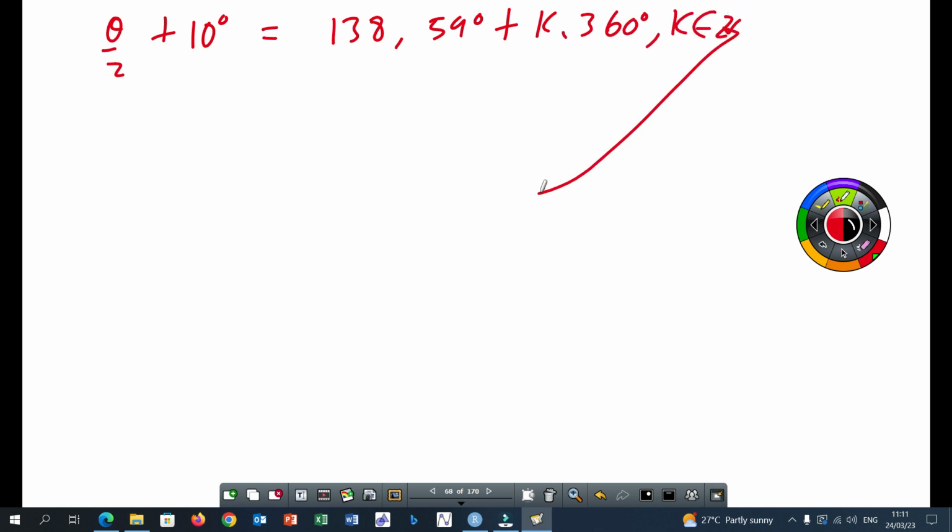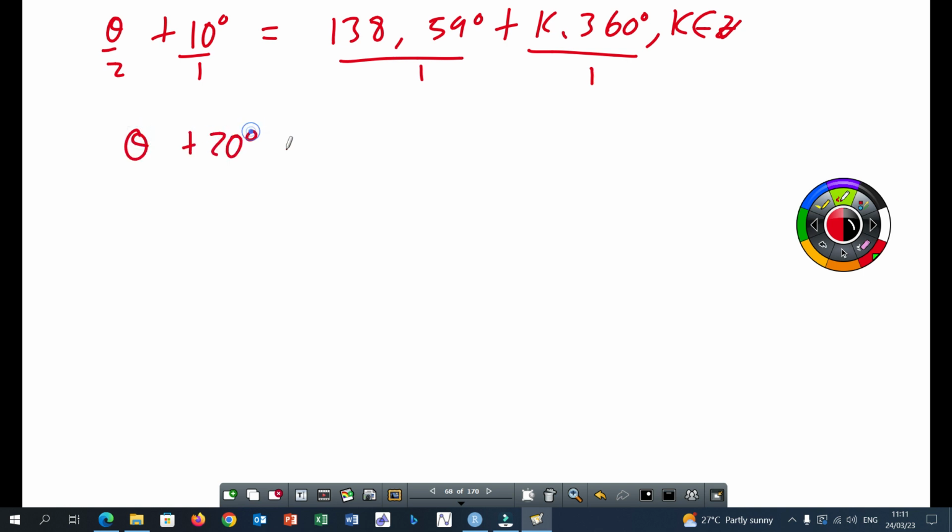Then we multiply both sides by 2, since there is a 2 in the denominator on the left, and the other terms have a denominator of 1. We get theta plus 20 degrees equal to, this times 2, 277,18. Can you just check for me there?